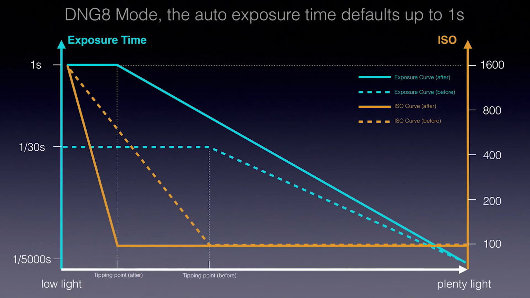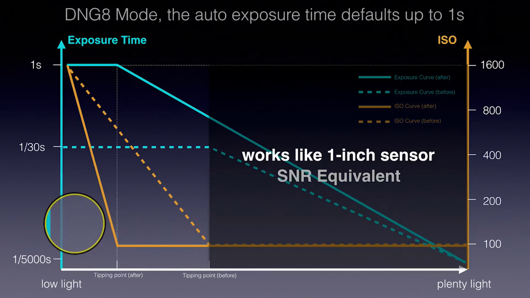And you can see that now, after the firmware upgrade, once the light in your situation is brighter than the tipping point, you can always achieve the highest imaging quality because you can shoot in DNG8 mode with ISO 100, right? I have explained it before. So with ISO 100 and DNG8 shot, it works like a 1-inch sensor inside QooCam.